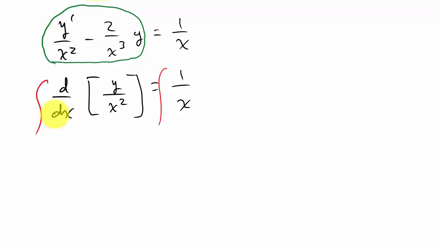If I integrate this, that's just going to give me y over x squared equals the integral of 1 over x, which is the natural log absolute value of x plus c.